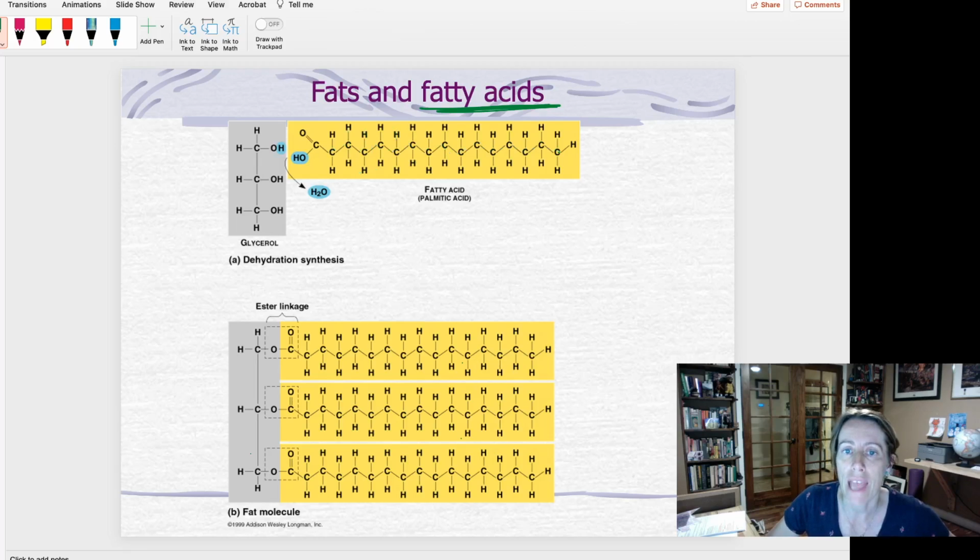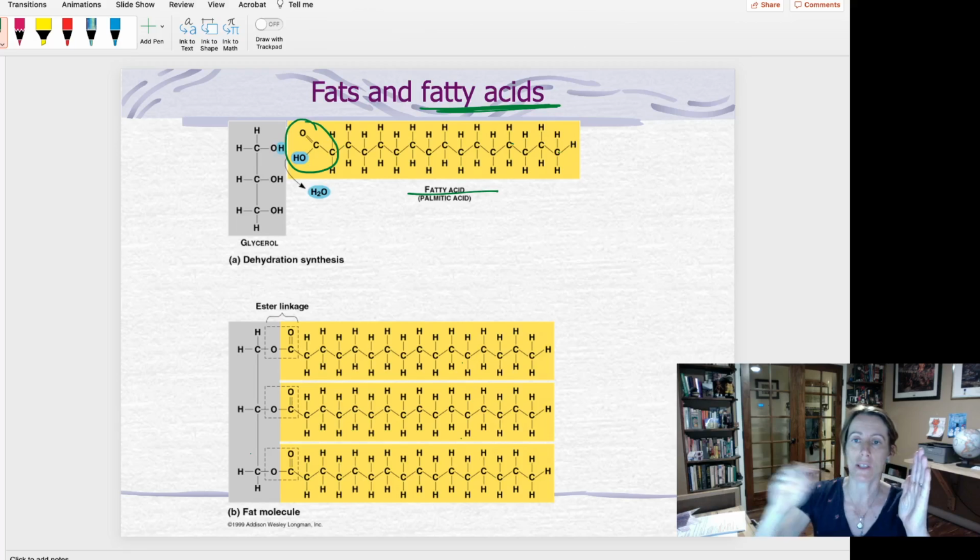And then at the very end, you have a carboxyl group, C double bond O, OH. That's a mess, but let me erase it. You can see a carboxyl group right here. Every fatty acid is going to have that. So it's going to be a long chain with just C's and H's, and then a carboxyl group on one end. That is what we call a fatty acid. All right, so we have glycerol, which is our backbone, and we have fatty acids, which are these long chainy molecules with a carboxyl group.